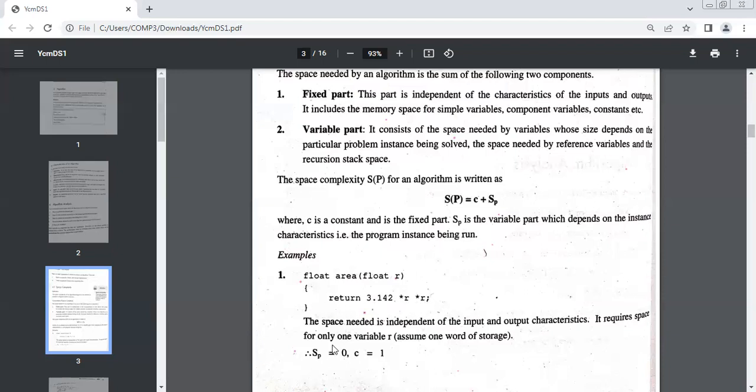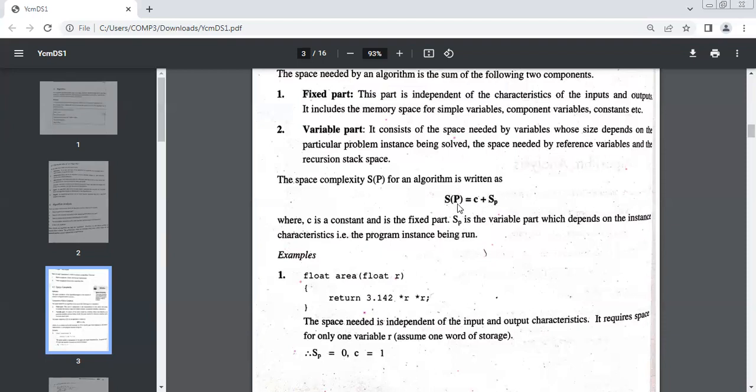So the space requirement of this function is S_P, where S_P means space complexity, and C means constant 1. So here S_P is equal to 0 and C is equal to 1. The space complexity for an algorithm is written as S = C + S_P.